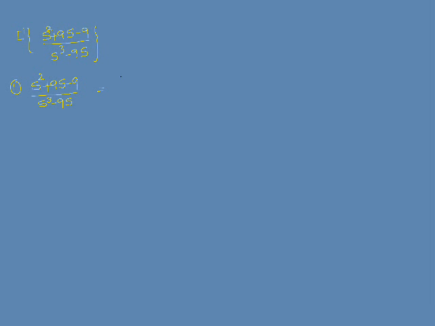In the denominator, take s common, so you are left with s square minus 9. In the numerator also, we try to get s square minus 9, so s square minus 9 plus 9s, whole divided by s into s square minus 9. This is considered as one term and this as the other term.